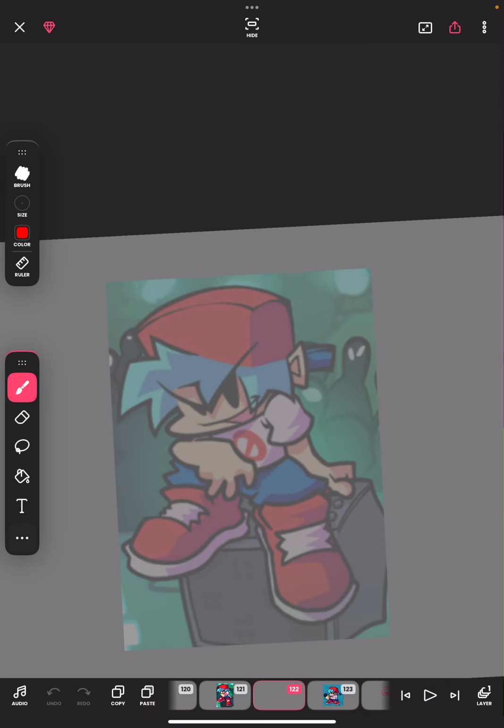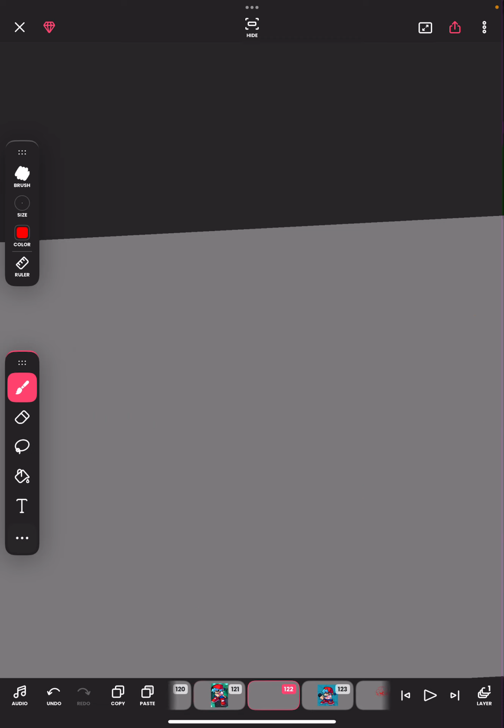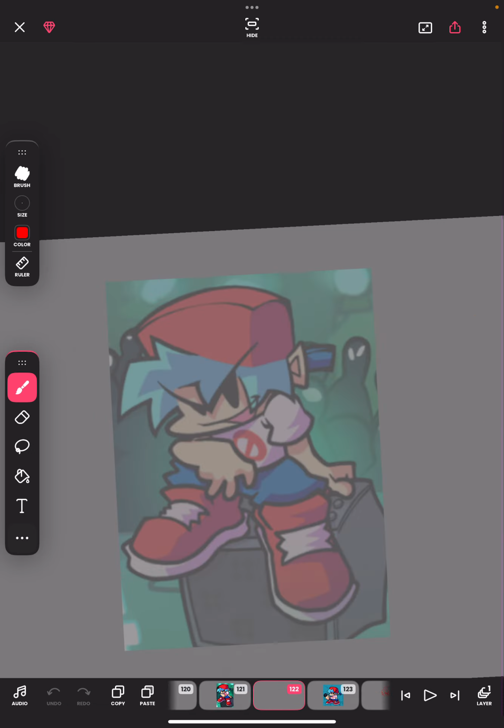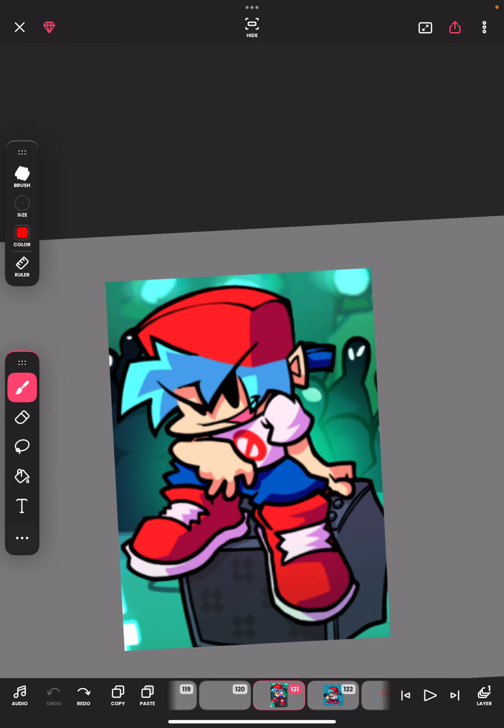Because the customization in these two styles that I've chosen still comes from the same art style. I'm not changing anything that hasn't already been done. Everything I've drawn has already been done by Phantom Arcade, just in a different way. That's the thing.